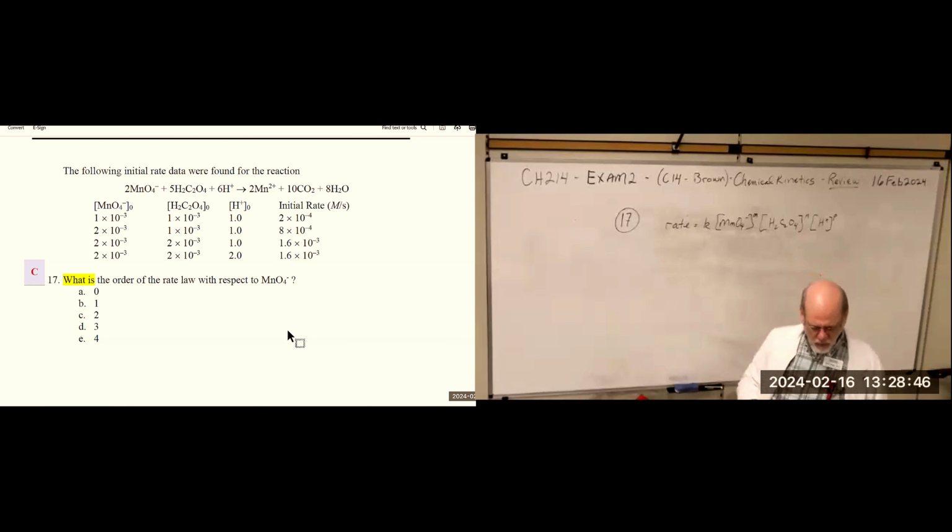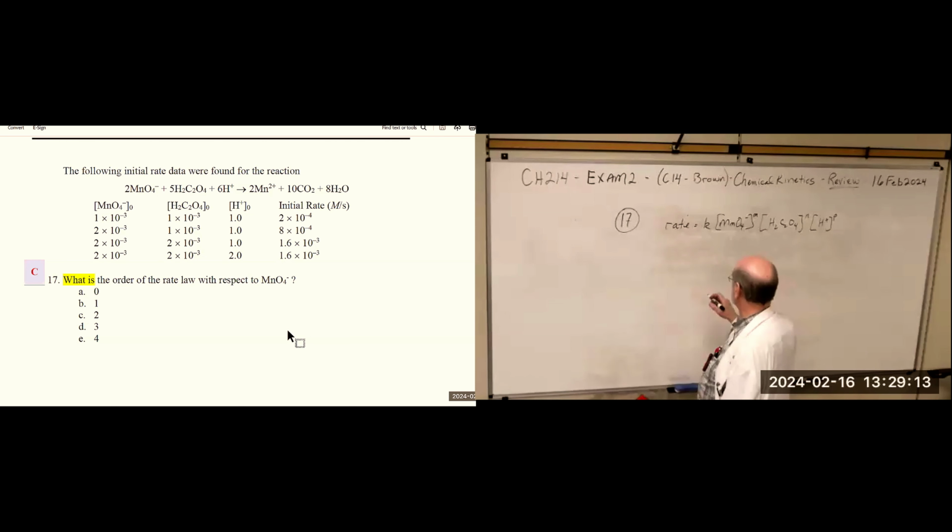Okay, so all we're getting at for this one is what's the order of the rate law with respect to manganate. So we need to pick two of these four independent experiments, where these two concentrations remain constant and that one varies. The first one would be a good choice, wouldn't it?